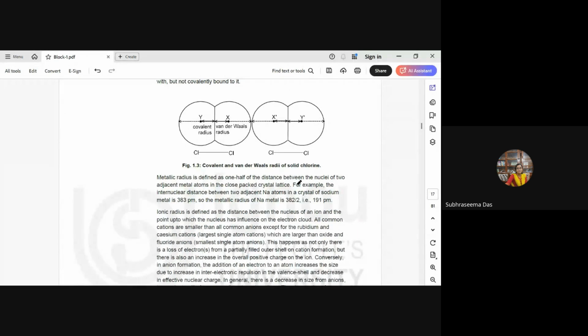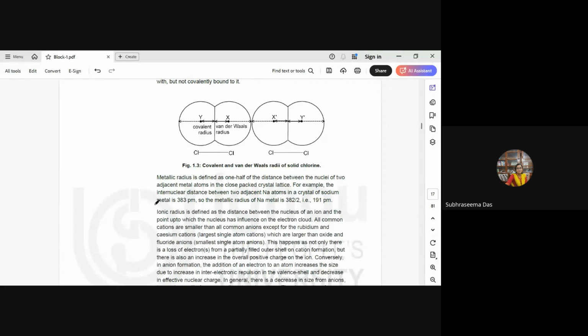Then we will talk about the metallic radius. The metallic radius is defined as one half of the distance between the nuclei of two adjacent metal atoms. As we calculated the covalent radius, similarly when two metal atoms are bonded, half of the distance between the two nuclei gives us the metallic radius.